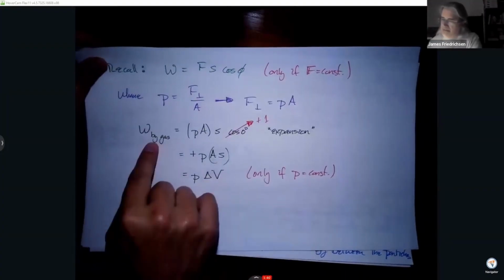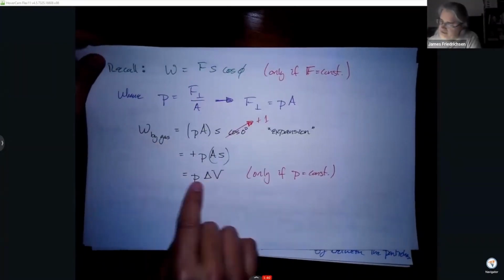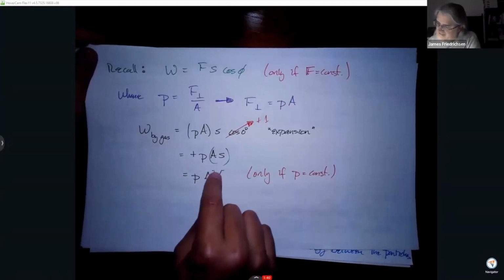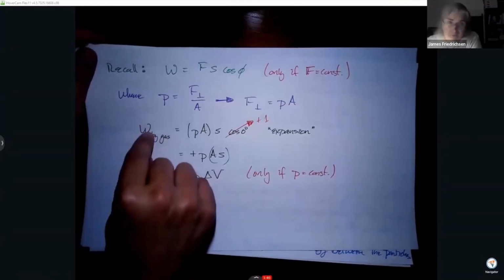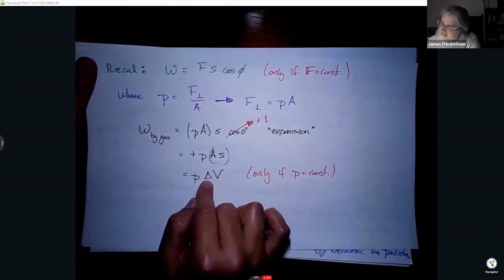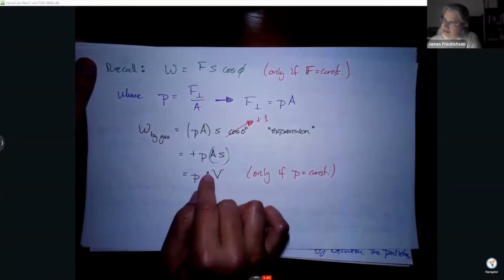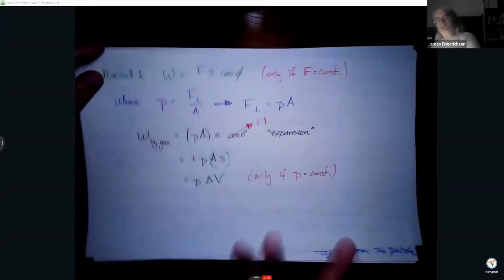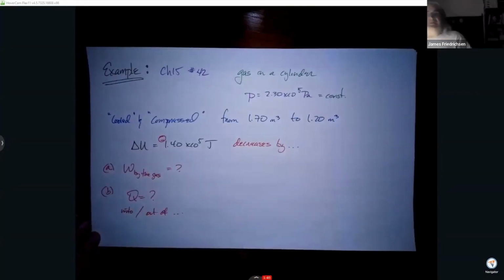This automatically gives us the correct sign, because if the final volume is greater than the initial, you do final minus initial, this is positive times your positive pressure, which gives you a positive work because it expanded. And if the final volume is less than the initial volume, then the delta volume will be negative and you get negative work done by the gas. So it automatically gives you the correct sign.